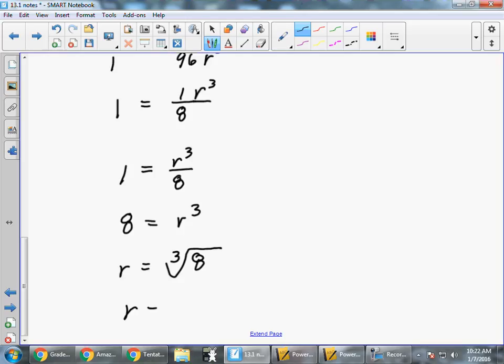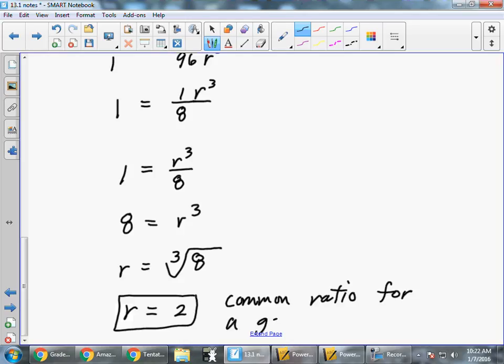So r equals 2. Sweet! Dudes and dudettes, we just found the common ratio for a geometric series. Or sequence. Sorry, we're not to series yet.